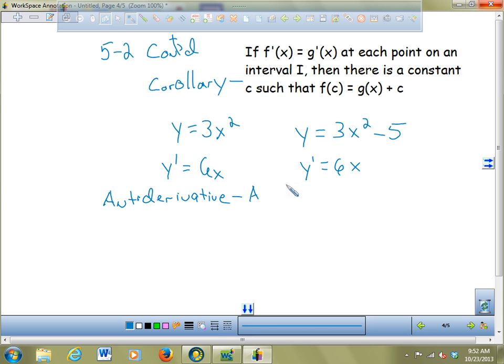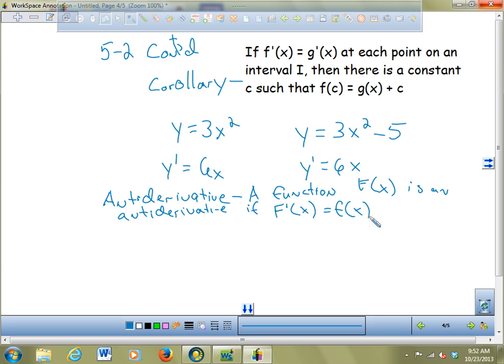An antiderivative is a function F of x. A function F of x is an antiderivative if f prime of x equals f of x for all x in the domain of f.